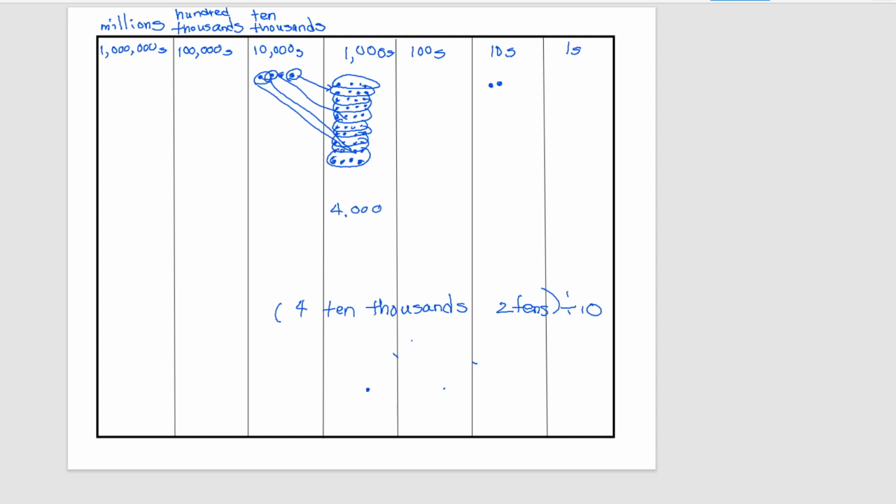Do the same thing with the tens and break them into ones. So now we have 20 ones. 2 tens becomes 20 ones. We're going to put them into 10 equal sized groups.